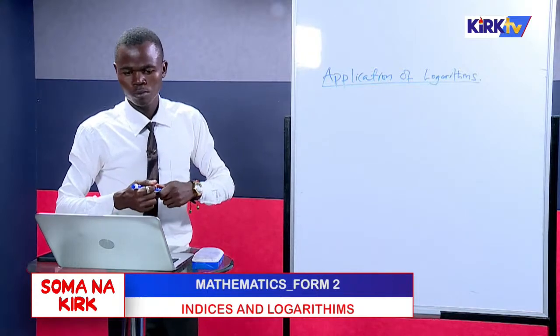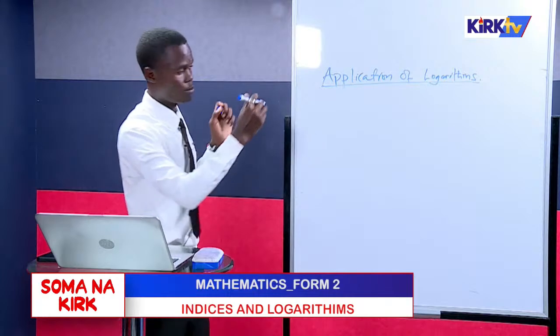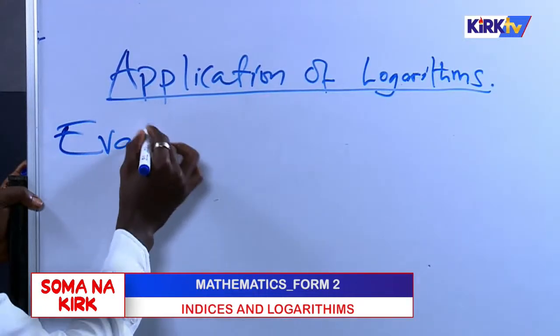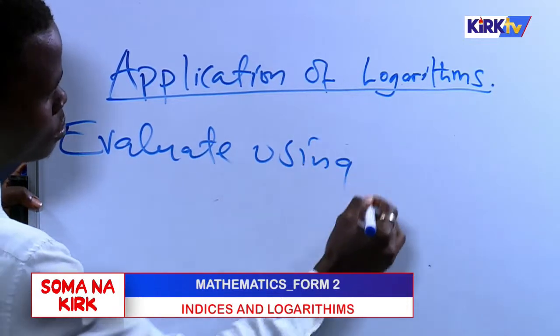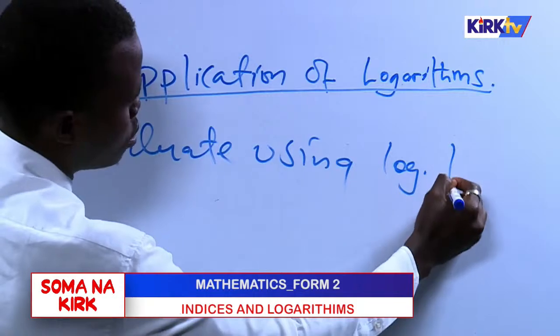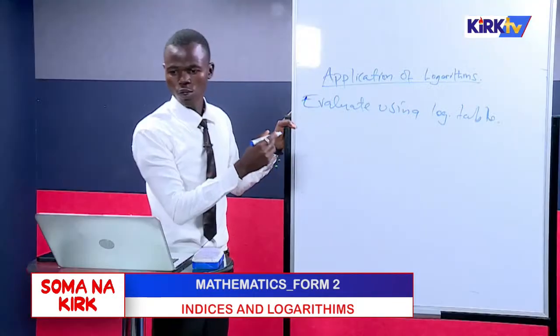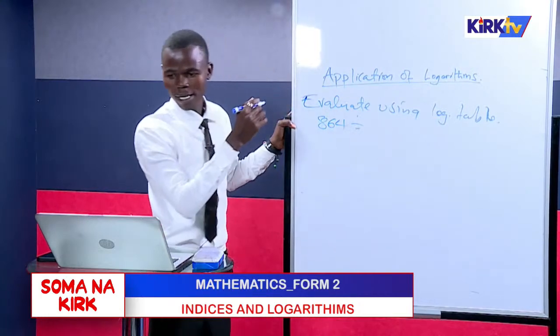The division sign will be simple as we'll be told to evaluate using the log tables. And the question will be 864 divided by 136.